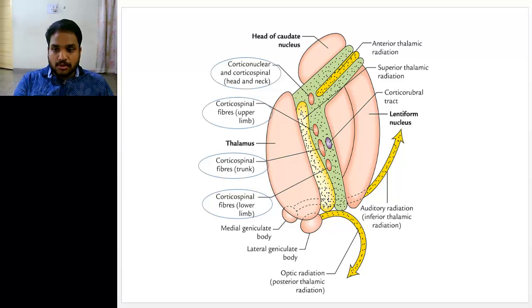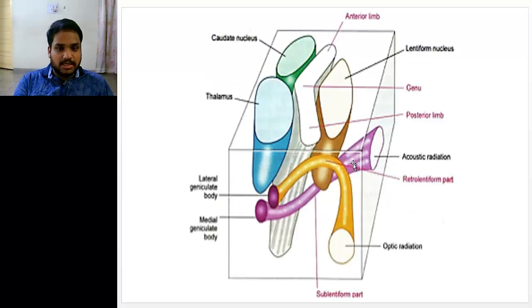I will show you the retrolentiform and sublentiform parts in this diagram. See, this is the internal capsule, caudate nucleus, thalamus as well as lentiform nucleus, right? This is the retrolentiform part that consists of the optic radiation, right? Retrolentiform part is behind the lentiform nucleus. And you have the sublentiform part, that is the violet color, right?